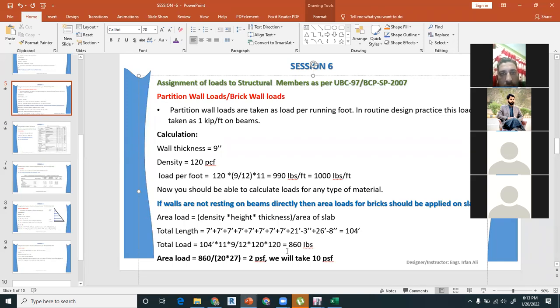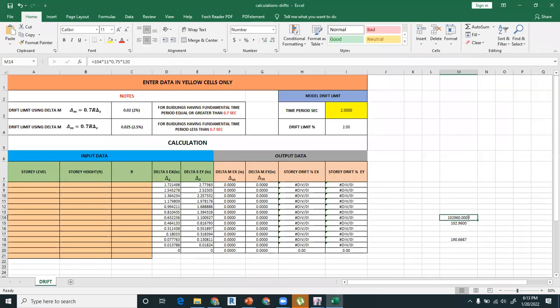This is 120 PCF, which is pounds per cubic foot. So after multiplying this, you will get the total weight. For example, we have done it here. So this is 104, and this is 11, and then 0.75, this is the thickness, and 120 is the density. So we are getting this much load.